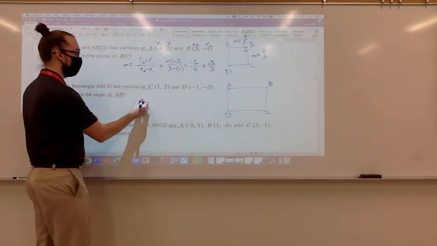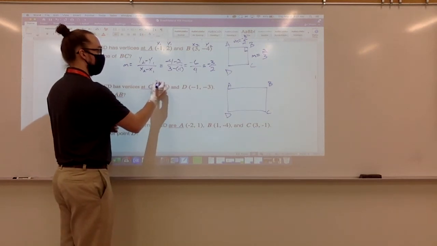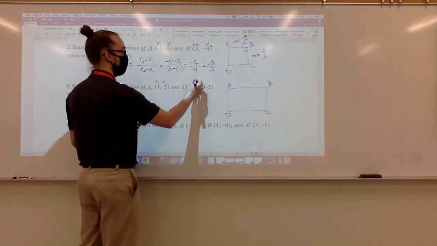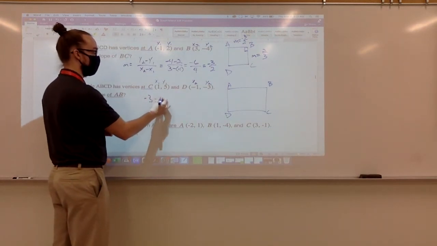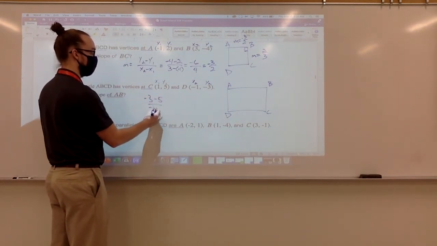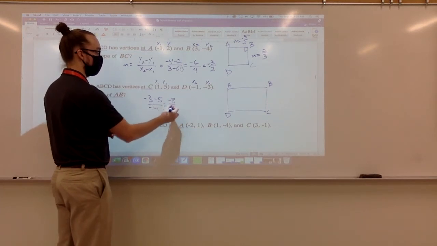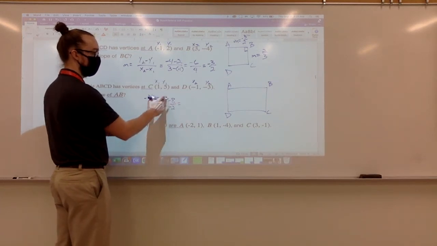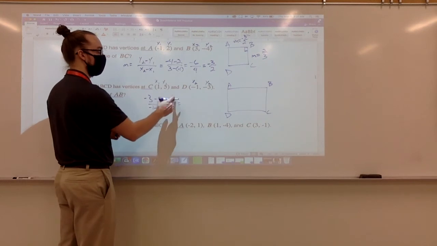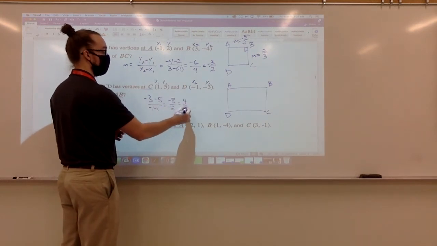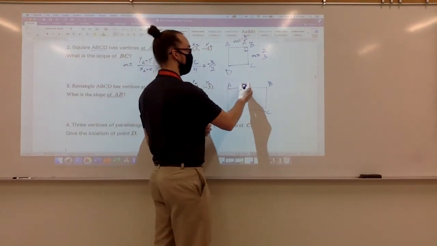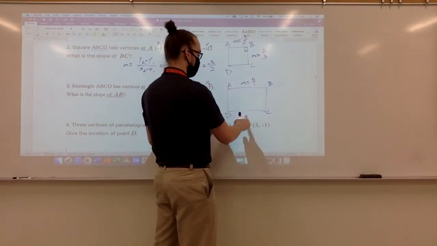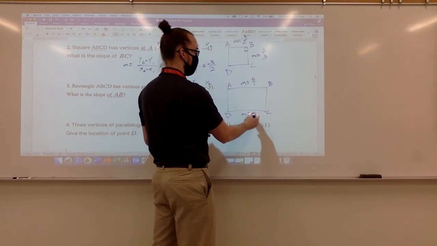So again, y2 minus y1 would be negative 3 minus 5 over negative 1 minus 1. So negative 8 over negative 2. Negative over a negative is a positive, and then 8 divided by 2 would just be 4 over 1. So since the slope of CD is 4 over 1, the slope of AB is also 4 over 1.